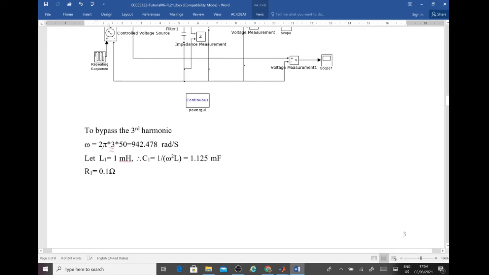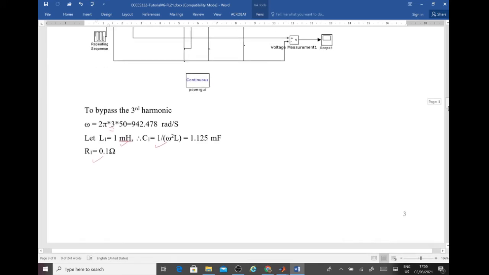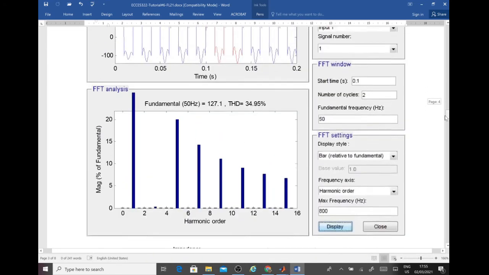So then omega will be 2 pi f times 3, and then let us assume L to be 1 millihenry. That will give you the value of C. Also, you can assume R to be 0.1, 0.2, 0.3. That will be also fine. Now, if you put those values in MATLAB, you're going to obtain those results.